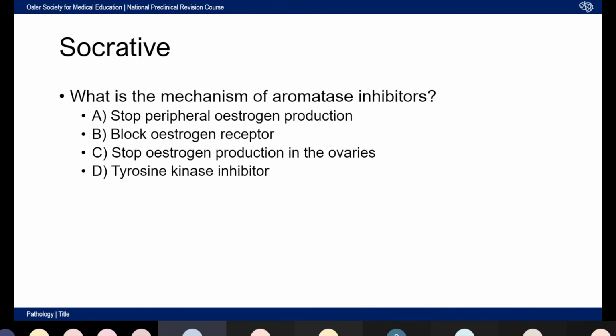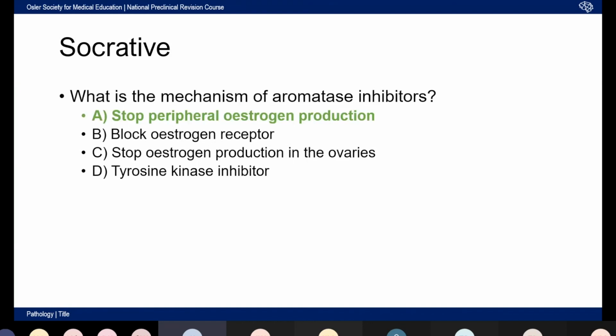Then, aromatase inhibitors. Great, you got that right.